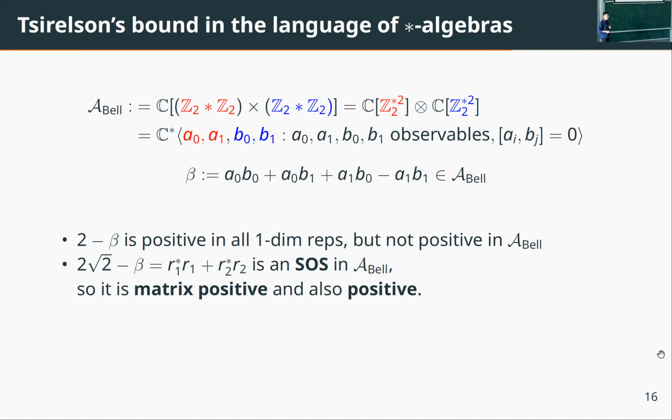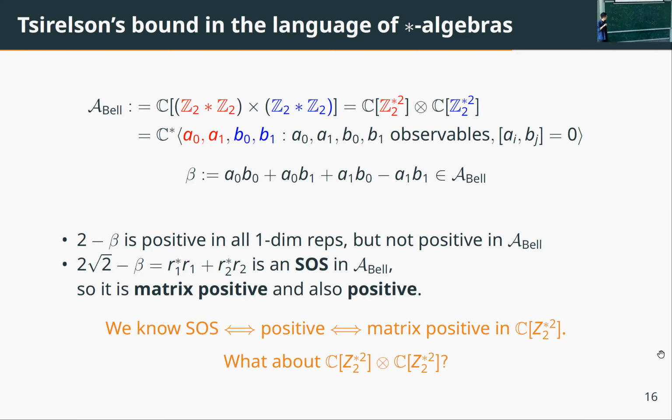So you may notice the story here is a little different from the story I told you before. Previously, we know that sum of squares, positivity, and matrix positivity are equivalent if you only have a single free algebra. So if you just have one lab, with no entanglement between other labs, then optimization problems are easier because positivity equals sum of squares equals matrix positivity.